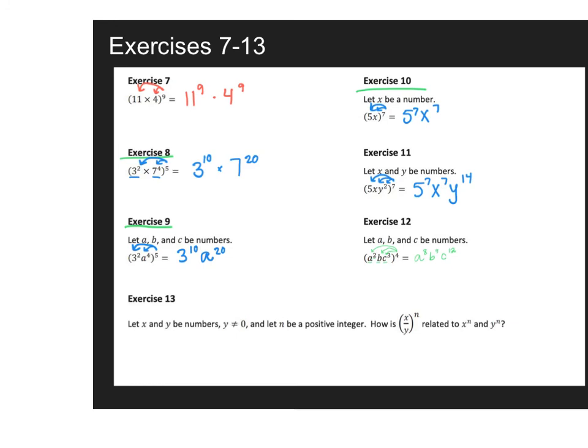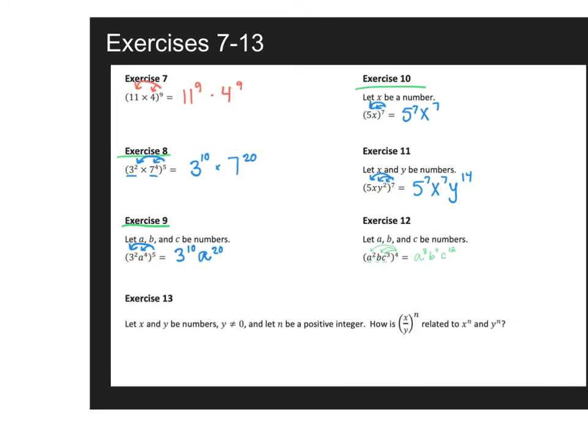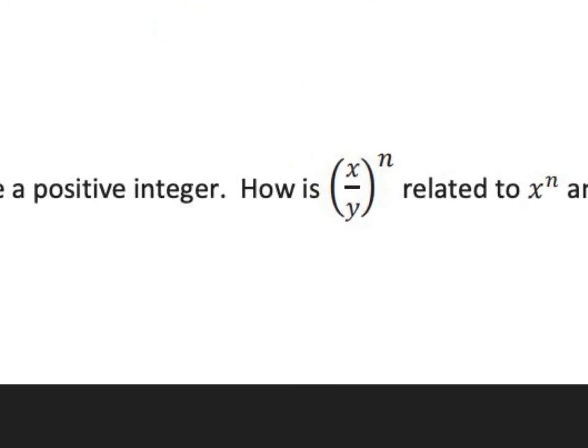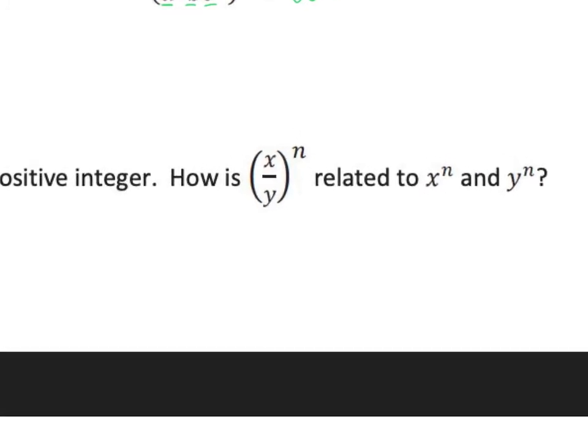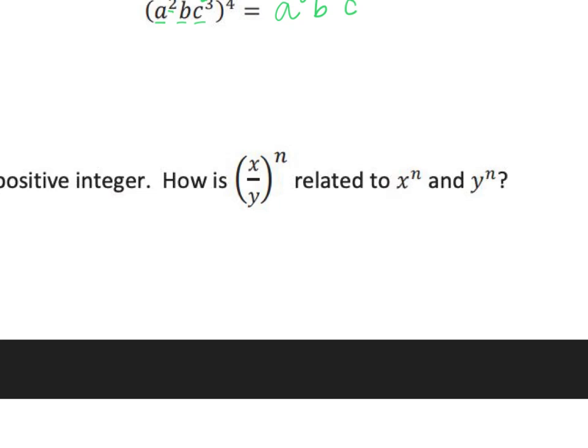The last one we want to do here is basically saying, well, what if we raise something that's a fraction to a power? What do we do with those numbers inside? Well, this is essentially saying that we're going to do this whole thing, x over y, so many times. We're doing it n times. We're multiplying it.